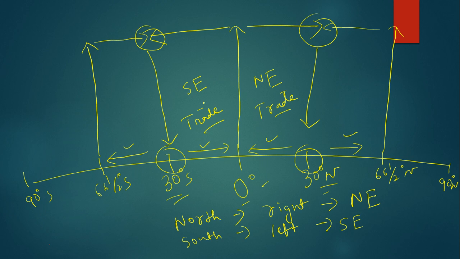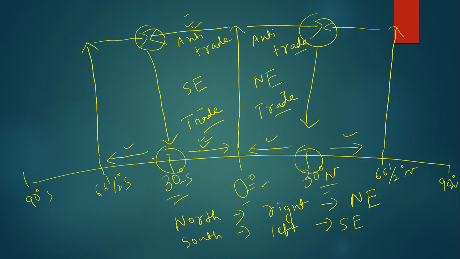Now, the wind in the upper atmosphere, whose direction is just opposite to the trade wind, which moves from 30 degrees south to 0 degrees and 30 degrees north to 0 degrees, will be known as the anti-trade.